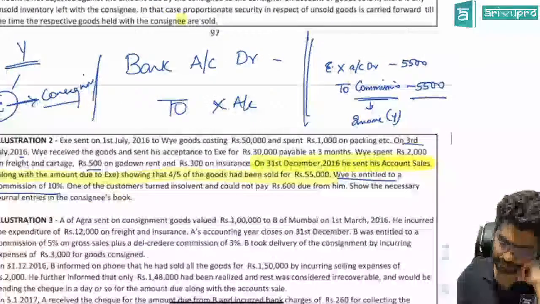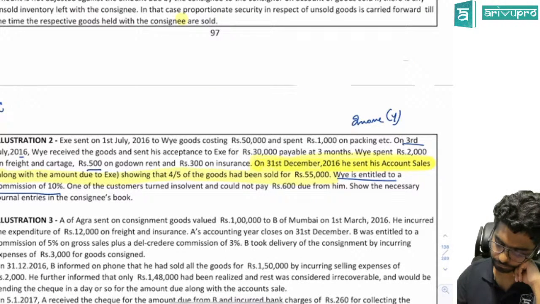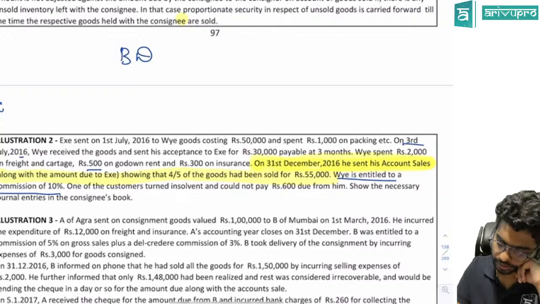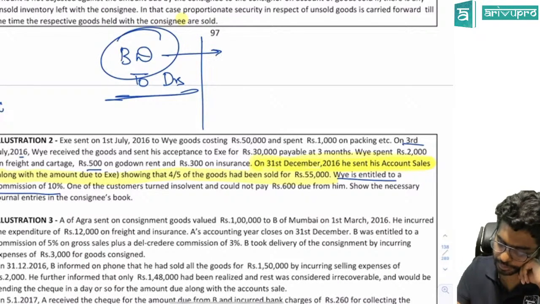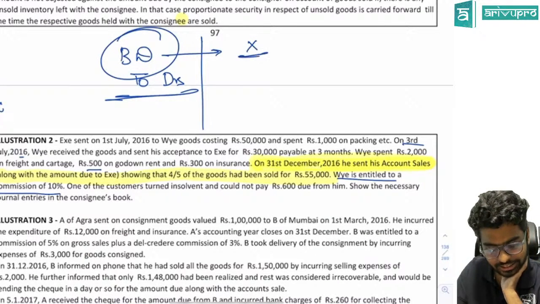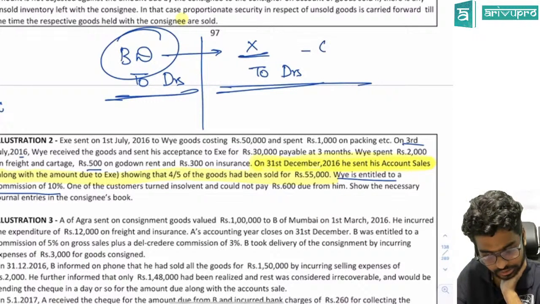There is a bad debt. What is the journal entry for bad debt? Bad debts to debtors. Correct? But this expense is for whom? X, right? X to debtors account.